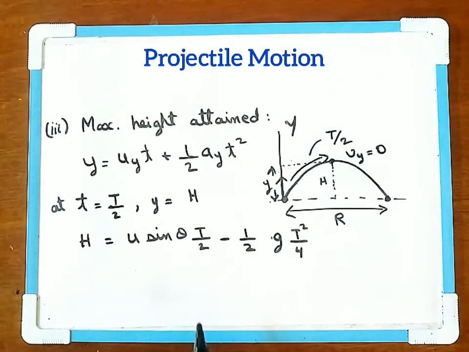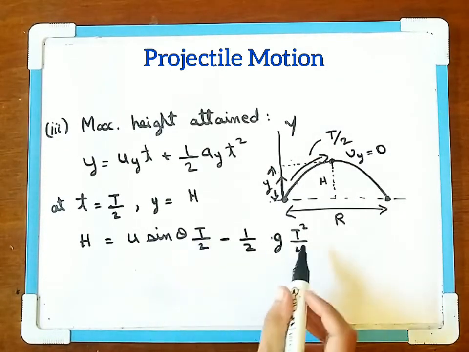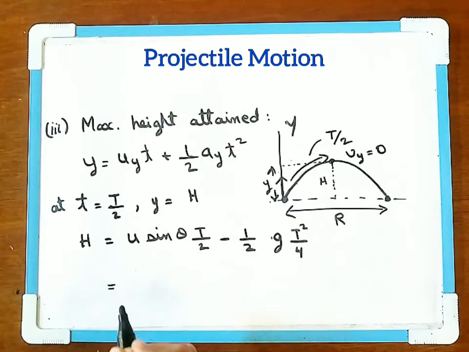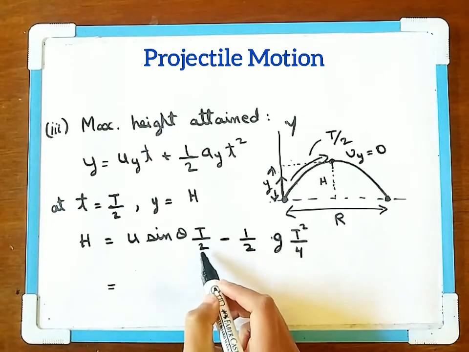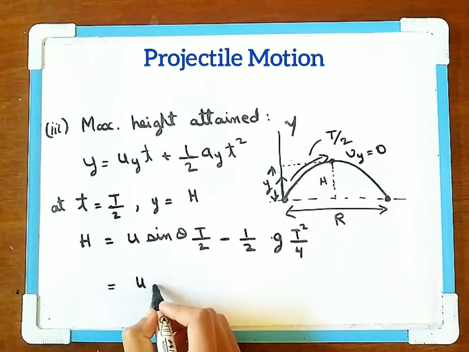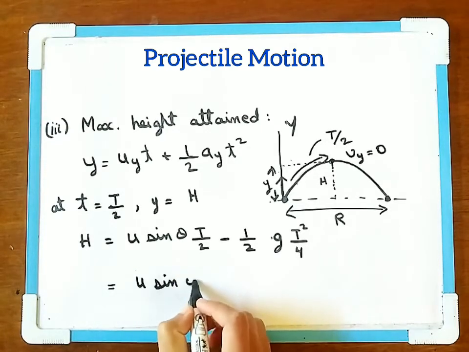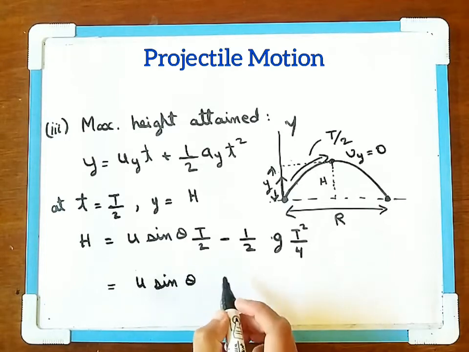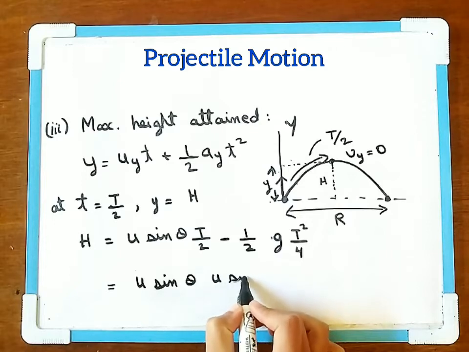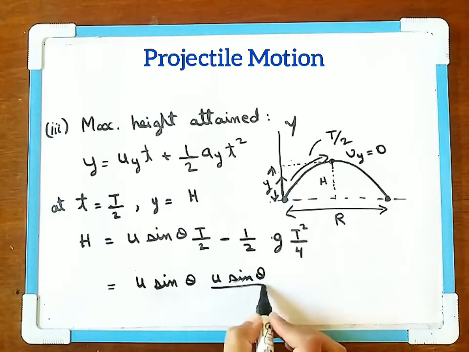we'll have to eliminate this T. So we know that T is the time of flight, and that is equal to 2u sine theta by g, or T by 2 is equal to u sine theta by g. That we have done just now. So here u sine theta, instead of T by 2, I'll write u sine theta by g.